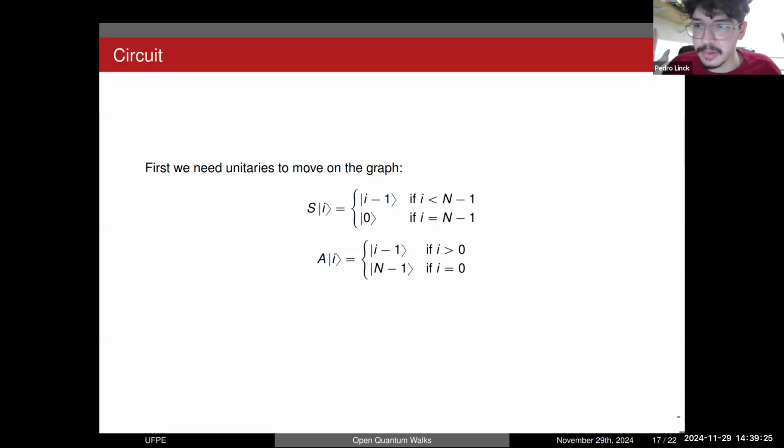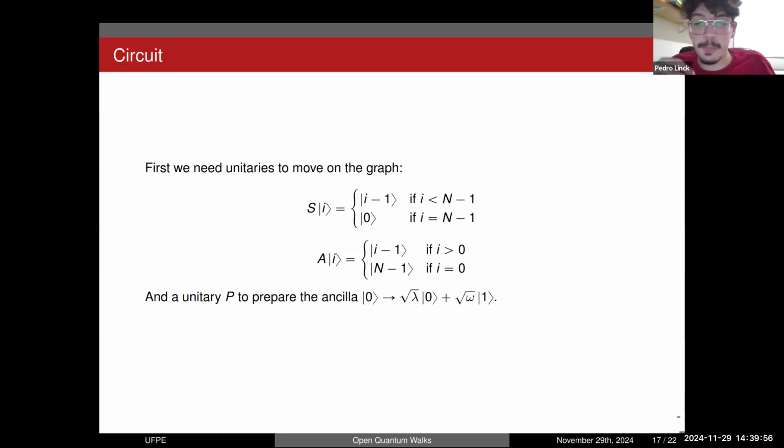You have to do this bijectively because S must be a unitary, so you can implement it on a quantum circuit. So we have this successor function, which goes to the right, and when you are on the boundary, it goes back, and the antecessor goes to the left, and when you are on the first node and apply the antecessor, you go back from the first to the last node.